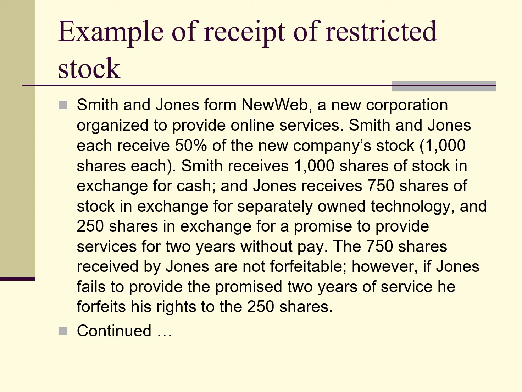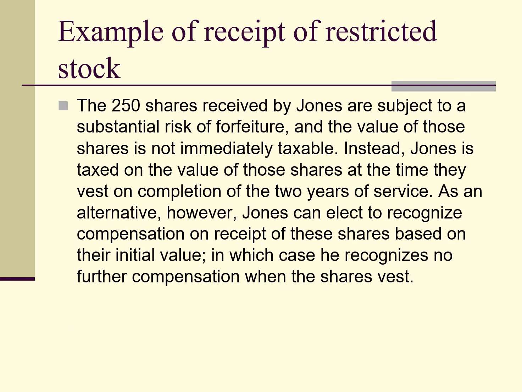The 750 shares received by Jones are not forfeitable. However, if Jones fails to provide the promised 2 years of service, he forfeits his rights to the 250 shares. The 250 shares received by Jones are subject to a substantial risk of forfeiture, and the value of those shares is not immediately taxable.